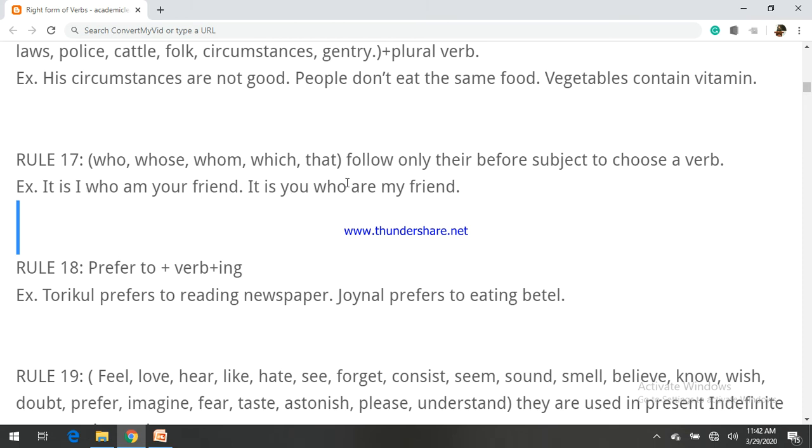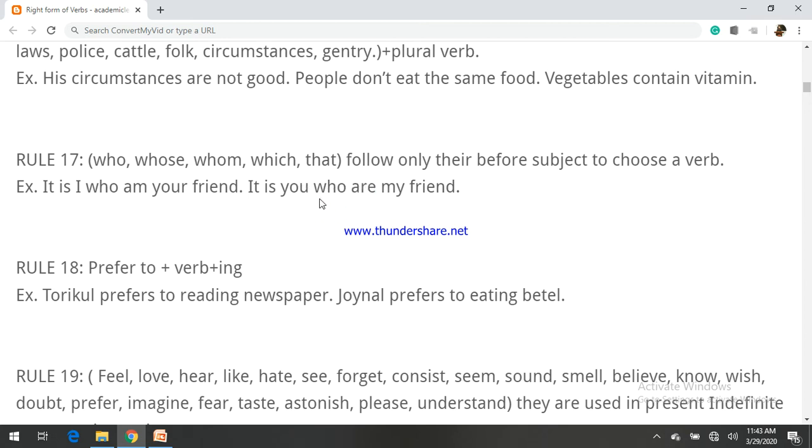And same here, relative pronoun who, and before who there is the subject you. That's why are should be used, following you. Again, you who are. You cannot think about the first subject it, because you is with the relative pronoun who. That's why are should sit here.